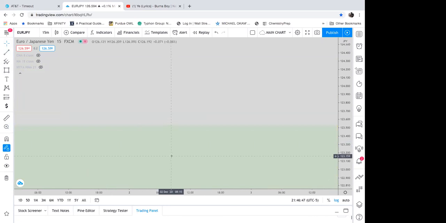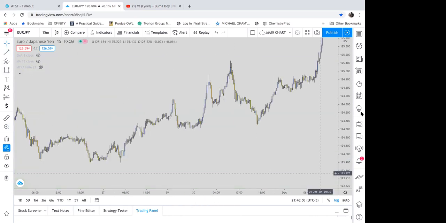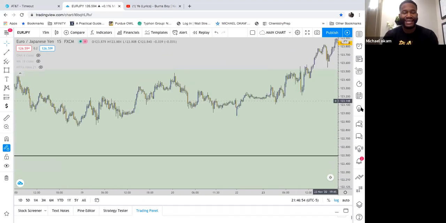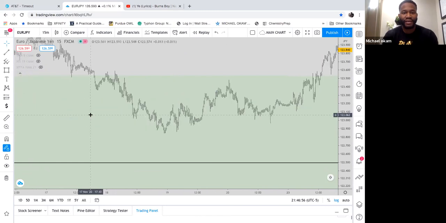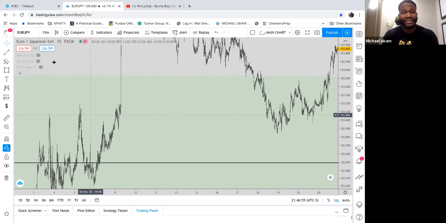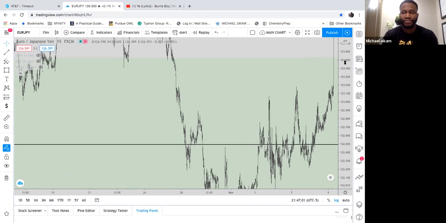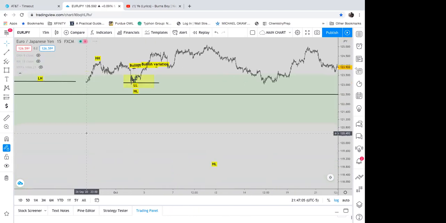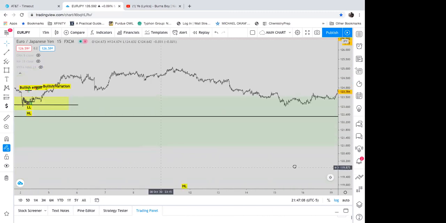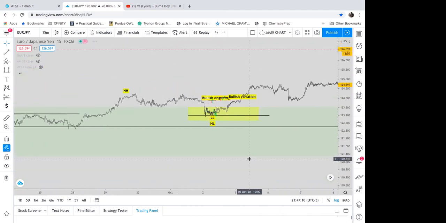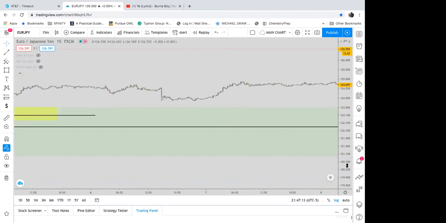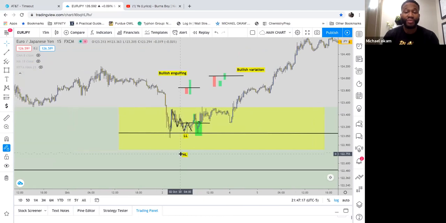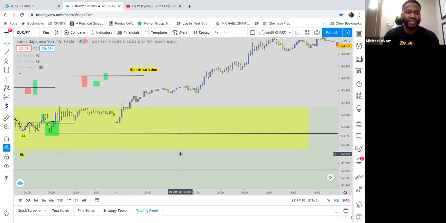What if it's a doji candle, but the wick is still overlapping? What if it's a bunch of doji candles, but the wick is going up? The bullish candle has to be a nice bullish candle. I don't want to see a doji bullish candle.